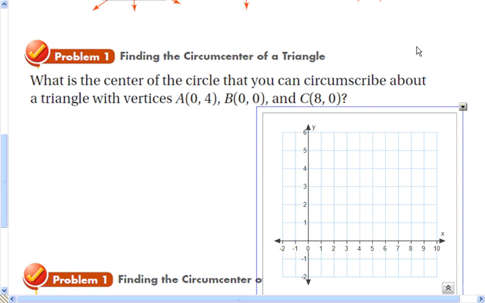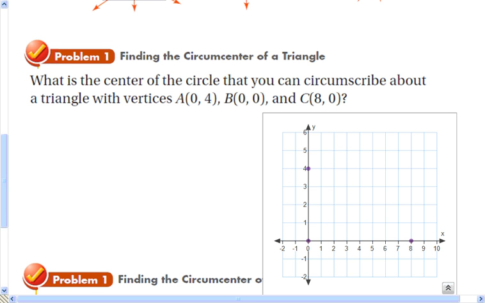All right, you might want some graph paper for this. So if we use these points as vertices of a triangle: point (0,4) is right there, point (0,0), the origin, and point (8,0).